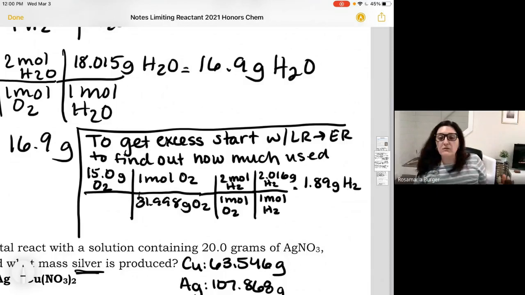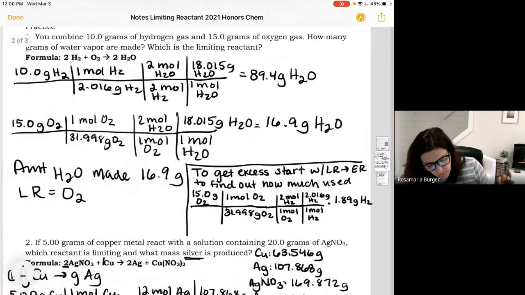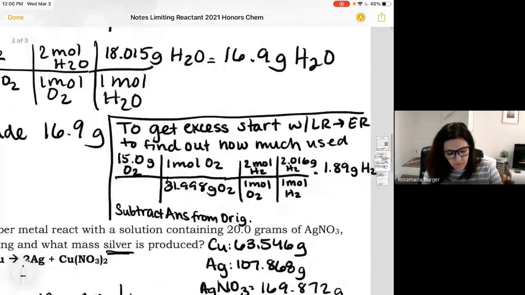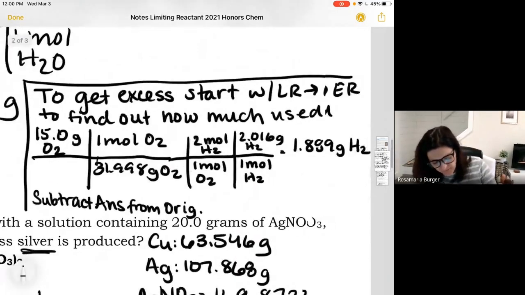So that's all we used in this reaction. Well, let's look back to what we started with. We started with 10.0, so subtract the answer from the original amount.